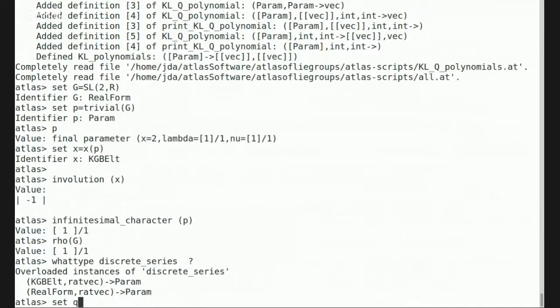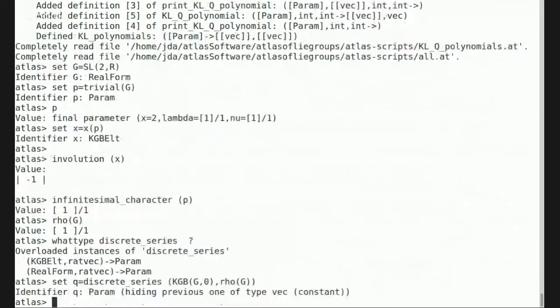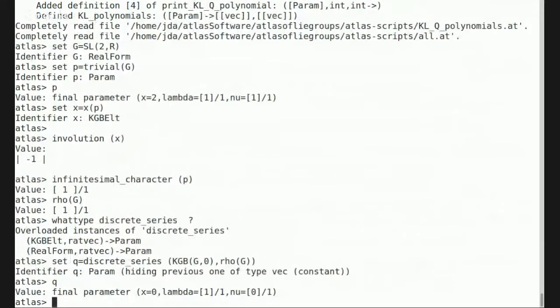So for example, let's say Q is the discrete series for KGB element 0 at rho. There's Q. Okay, so the main thing I want to talk about today, well, I want to get started by talking about is general parameters, not necessarily discrete series or minimal principal series.